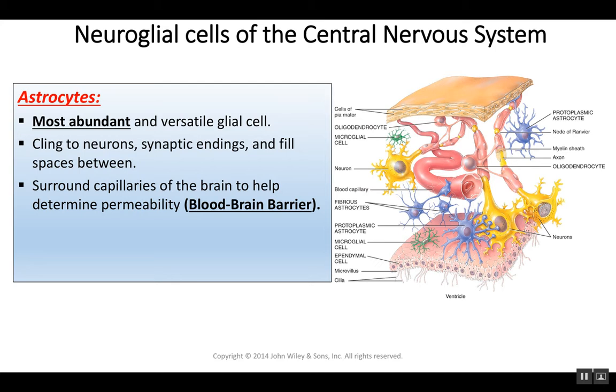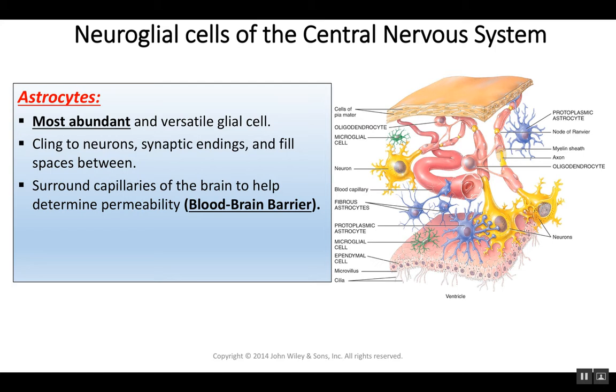So it acts as a barrier between the blood and the brain, hence the blood-brain barrier. The benefit of this is there might be a toxin in your bloodstream, or maybe a pathogen of some sort circulating in your bloodstream, and this would protect your brain from that toxin or that pathogen.